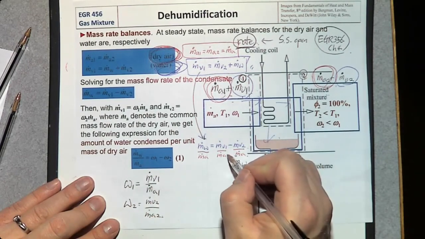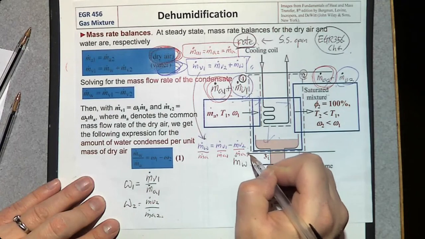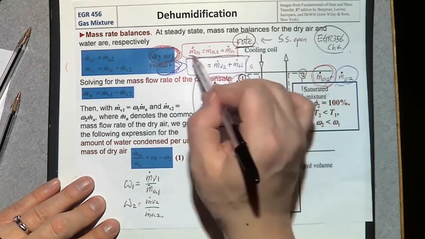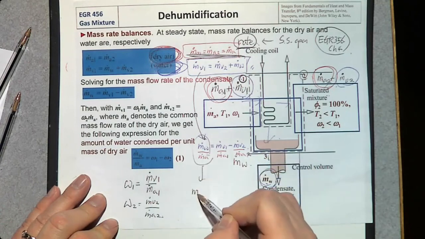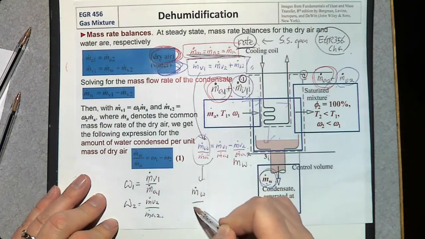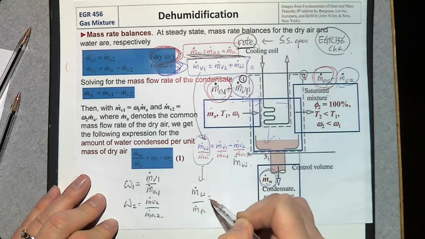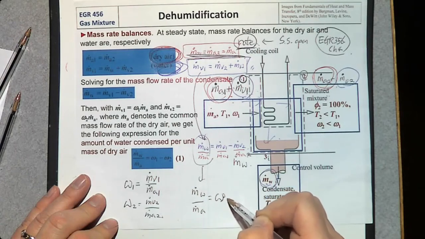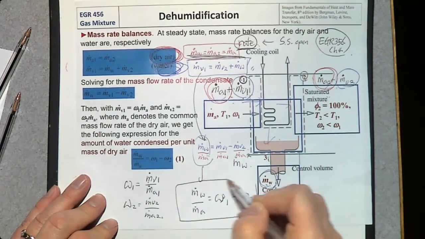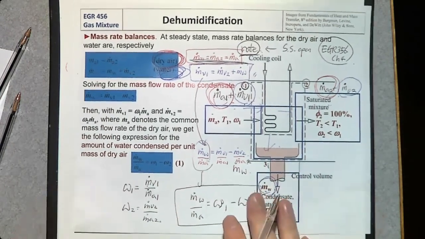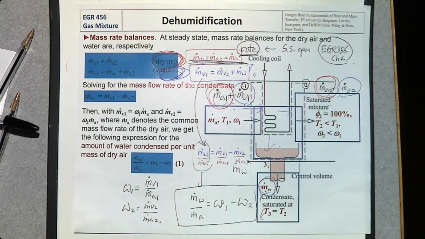So if we say this one is 1, this one is 2, we can do that because they are the same. This one, m dot w over m dot A, is going to be the humidity ratio at number 1 minus humidity ratio at number 2. So this is the governing equation for mass balance.